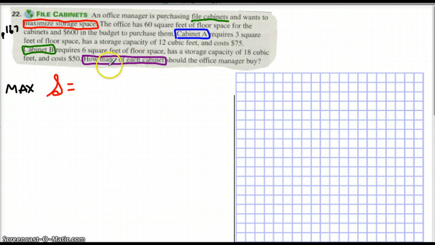Those are our two products. How many of each cabinet? Buying file cabinets. Here's cabinet A and cabinet B. So we're going to organize our stuff around these two, comparing these two cabinets. Okay? Well, so let's see. We can get to making our chart that we've talked about in class.